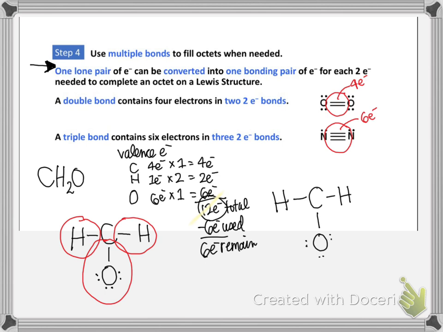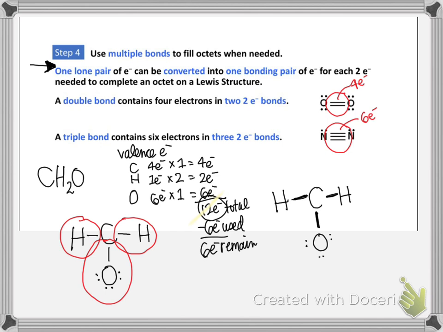But now when I look at my center atom, carbon, it only has 6 electrons. 2, 4, 6. Now I can't just add a lone pair because that would use 14 electrons. So this is what step 4 says.